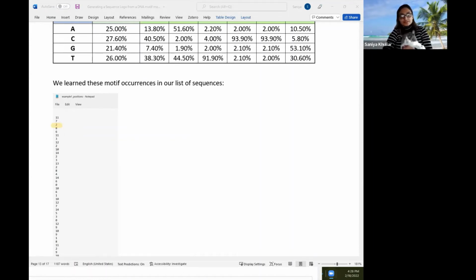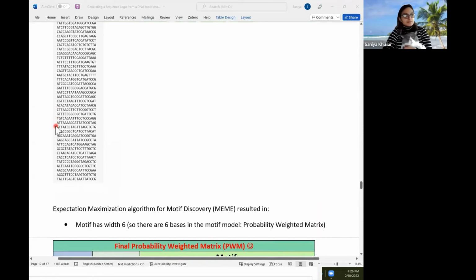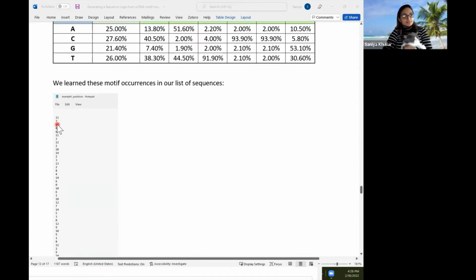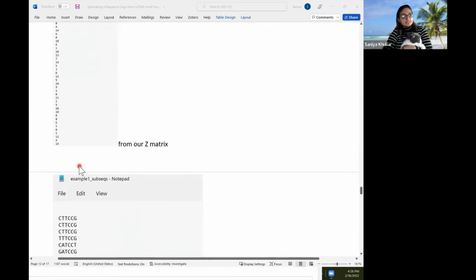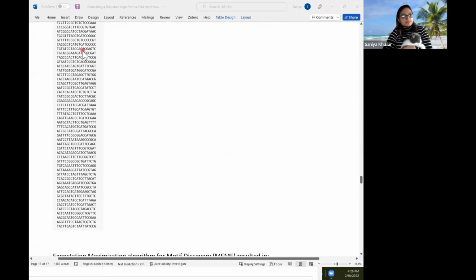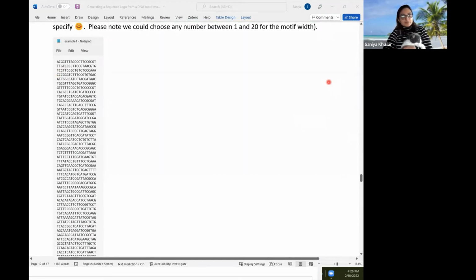This 2 corresponds to starting at position 2, and it is C, T, T, C, C, G. So we have to go here, and then we have to look at it like this. Let me actually show you by juxtaposing them all together. That might be better.